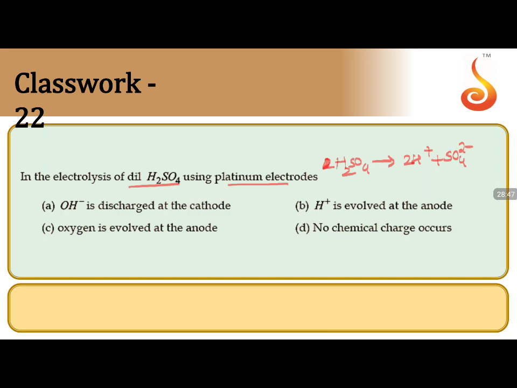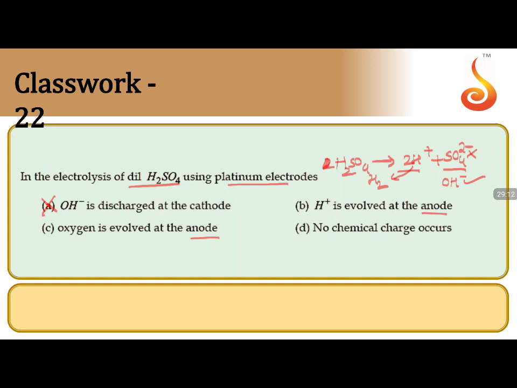So the cation is H+ and the anion is SO4 2-. Now they are asking about the cathode and anode. At the cathode, hydrogen goes and hydrogen gas comes. So that statement is wrong. At the anode, SO4 2- will be there and OH- from water will be there.